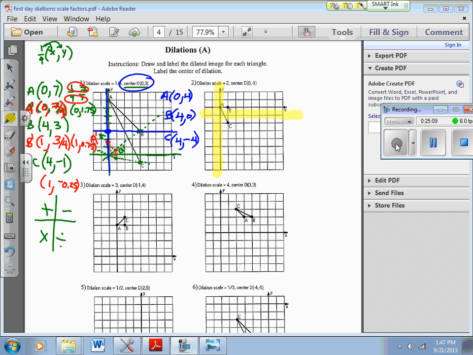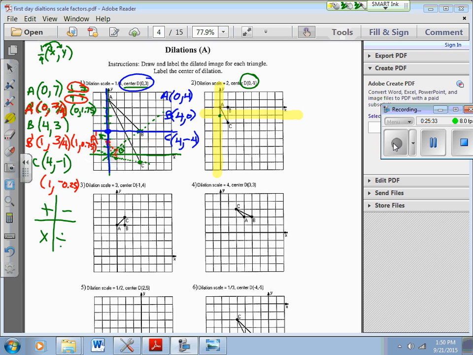Did everybody understand when I highlighted the coordinate 0, -1? That's where that point is. So from that point, I want you to draw a horizontal and a vertical line through it.